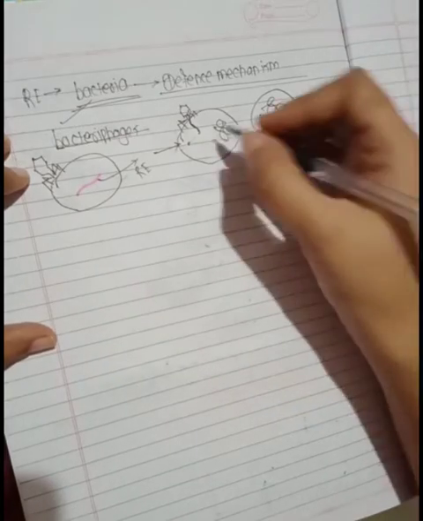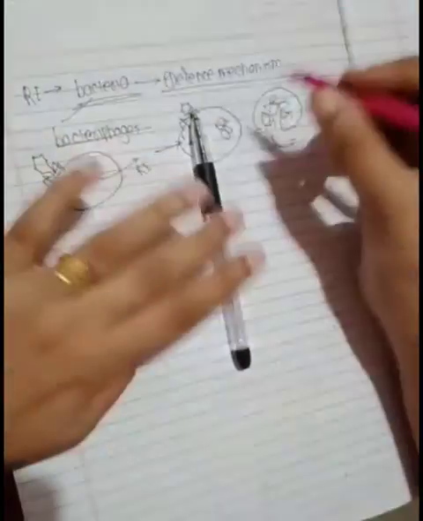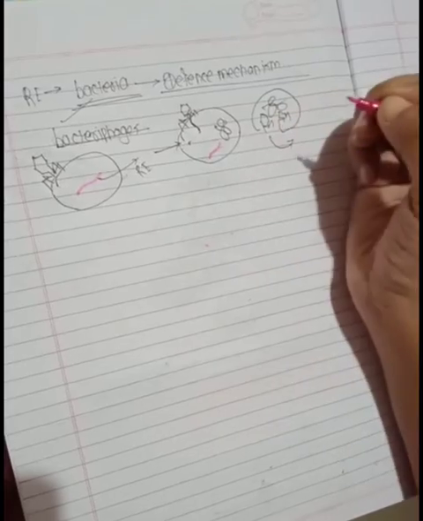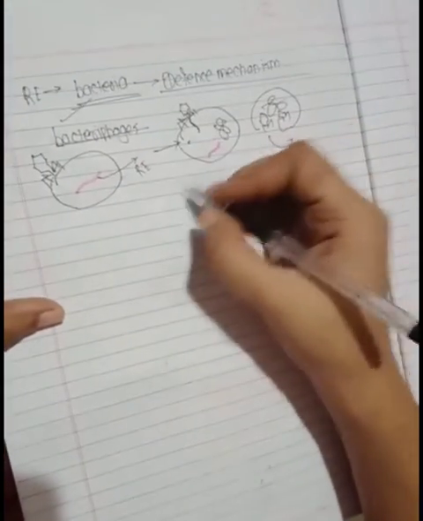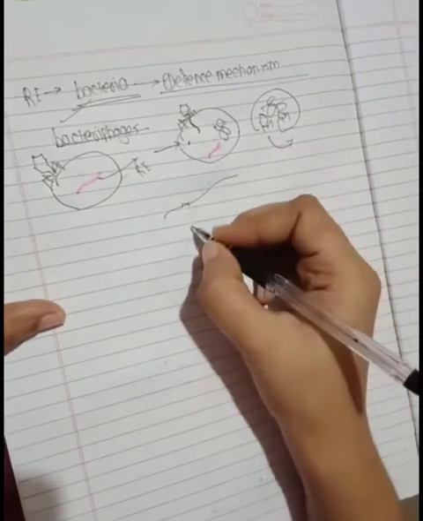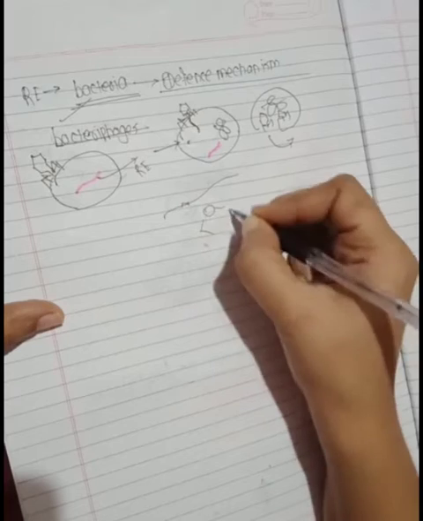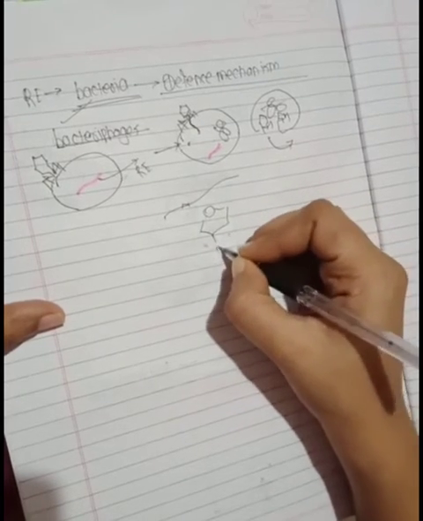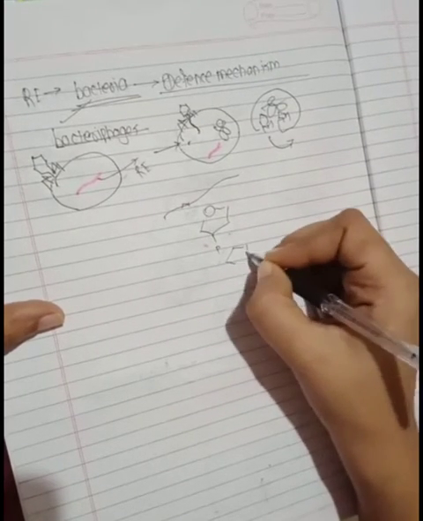But to prevent this, the restriction enzymes basically break the phosphodiester bonds, the phosphate group. Suppose this is a sugar molecule, the phosphate bond is involved.